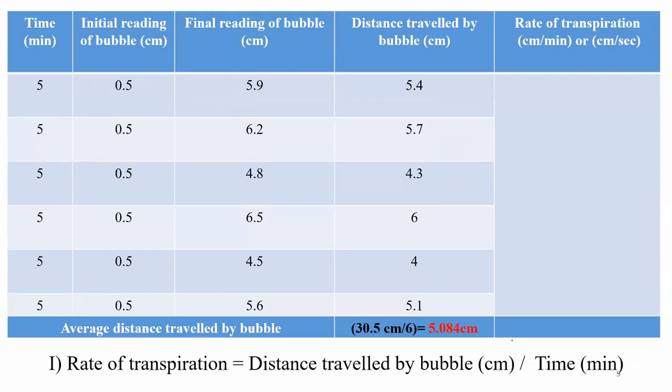Then we want to calculate the rate of transpiration. The rate of transpiration means you take the distance traveled by the air bubble and divide it by the time, the 5 minutes duration.